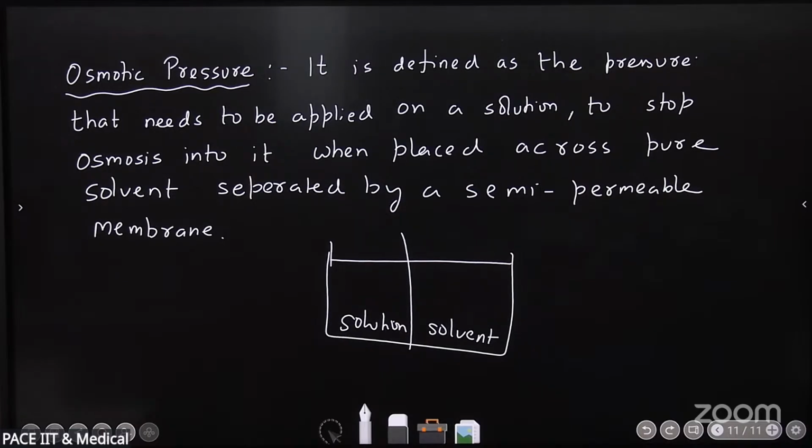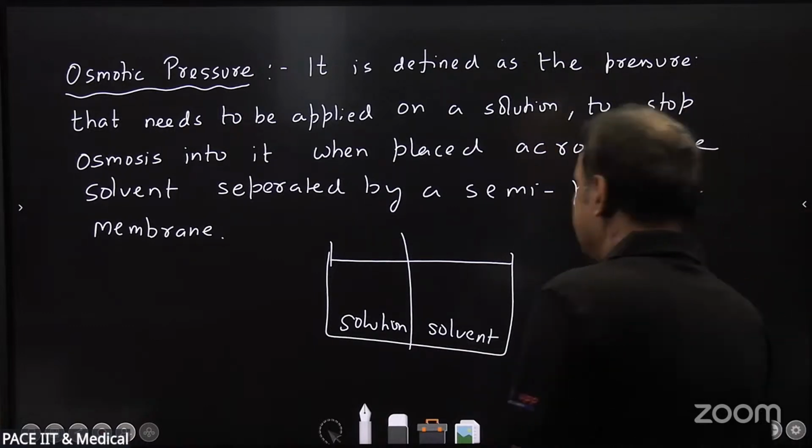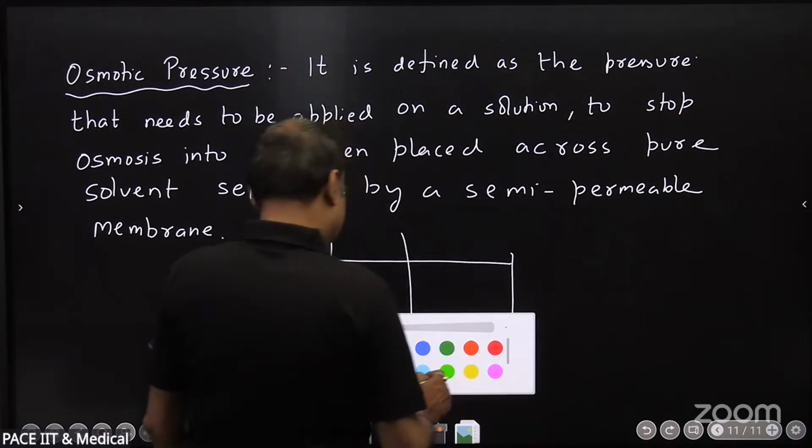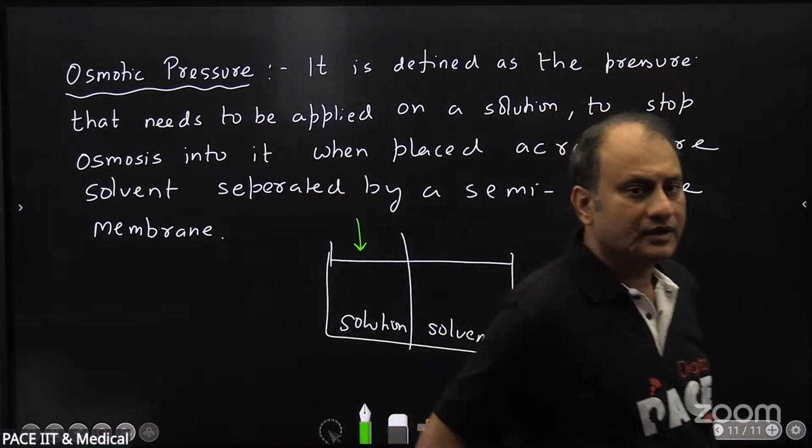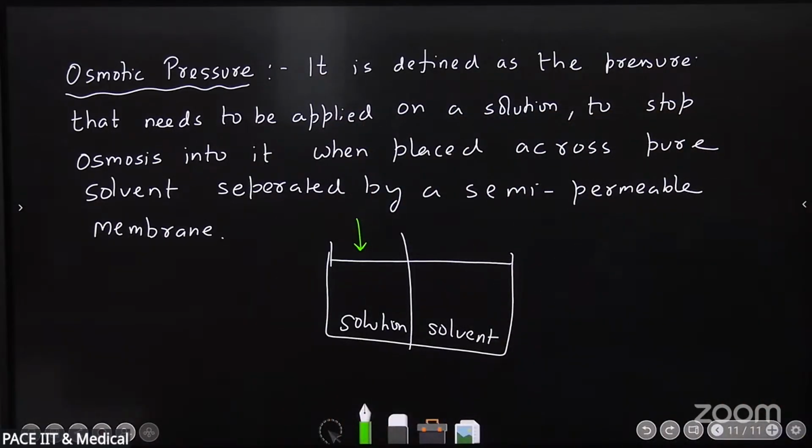But in such a case, if I apply some pressure over this solution, at some particular value of pressure, the osmosis will stop. Whatever that value of pressure is, that we will call osmotic pressure.